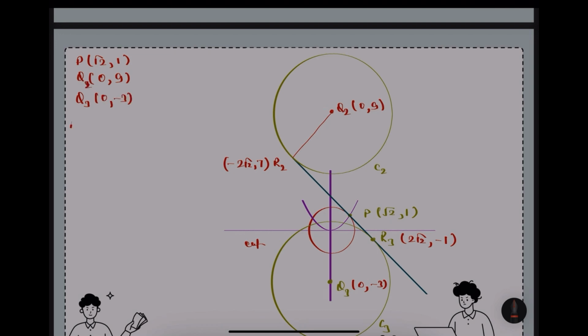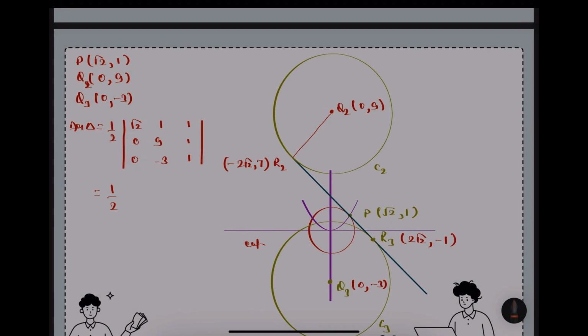So again the area of the triangle is half the determinant of root 2, 1, 1; 0, 9, 1; 0, minus 3, 1. Again I have to open this determinant, along this column.